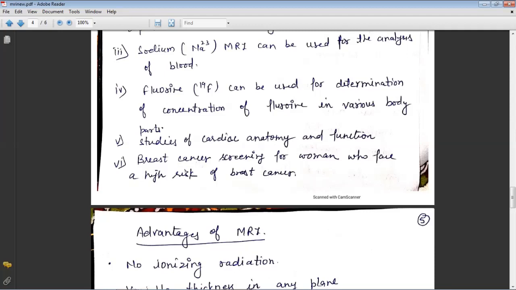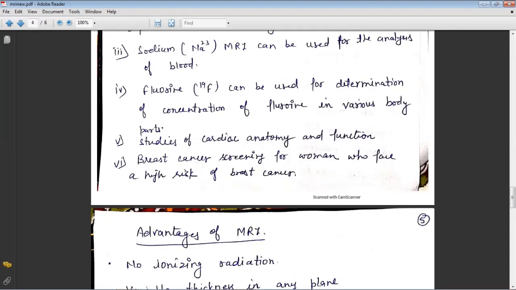The metal won't heat up or move in response to the machine. But if the metal is near an organ, such as the prostate, distortion could be a problem. Okay, so we don't have the metal when the MRI takes place.